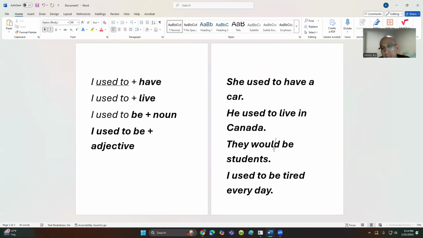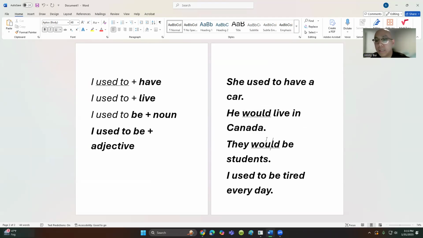Would grammatically, and this is important to understand. Would, if you note here, it's correct grammatically, but this is not past tense. So would can be used in scenarios.